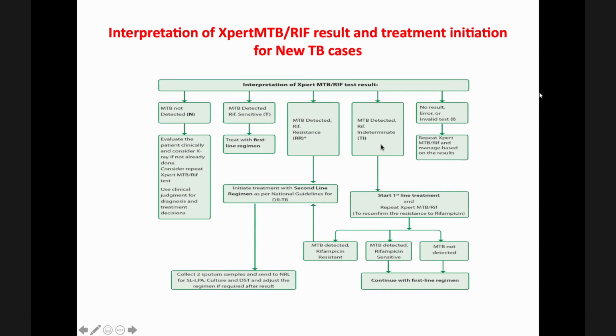If MTB is detected with RIF intermediate, then start first line treatment and repeat the Xpert test. If MTB detected rifampicin resistant, then use the second line. If it is sensitive, continue the first line. So this is the ideal flow chart after the interpretation of the Xpert MTB.